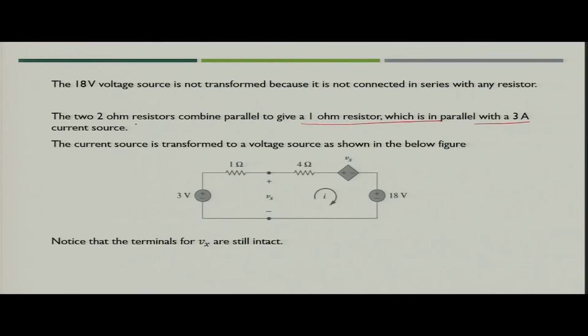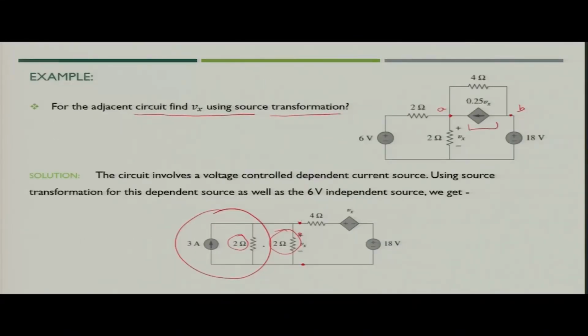So, now we have the 1 ohm resistance equivalent, and there is one 3 ampere current source. So, when you do source transformation, since this 2 ohm has become 1 ohm now, because you have clubbed both of them, then 3 ampere in parallel.